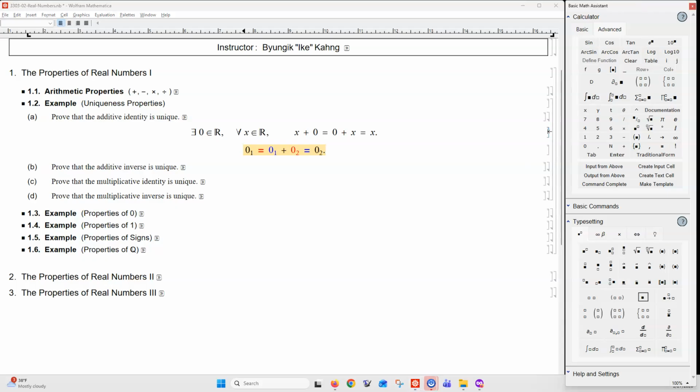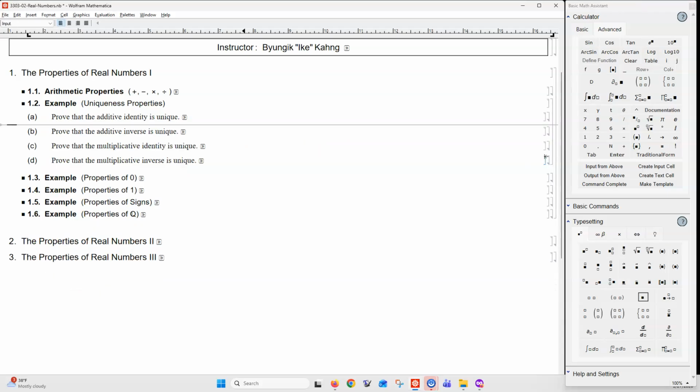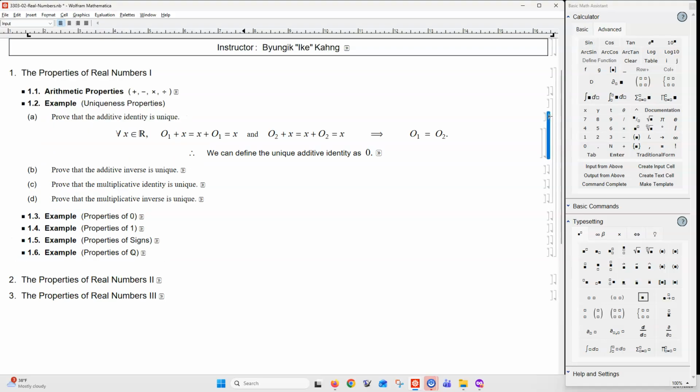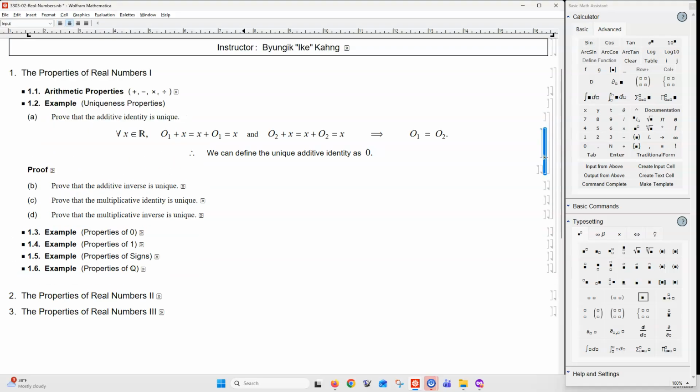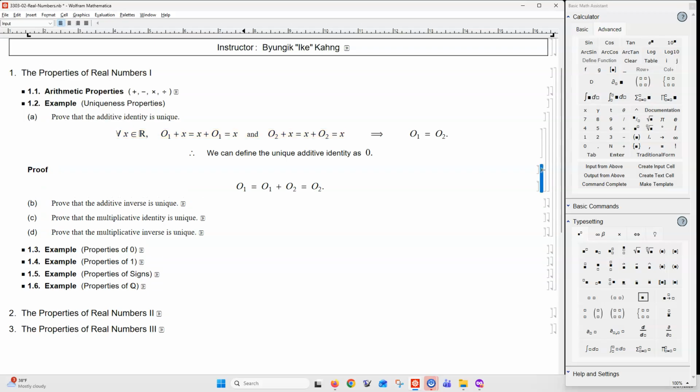That completes the proof. Well, for a little bit more complete proof, you can actually open up my answer key here. So basically that's what we want to prove. 0_1 and 0_2 are the same, provided that they are both satisfying the same properties. And yeah, the same thing. Now, can you set up something similar for the additive inverse?